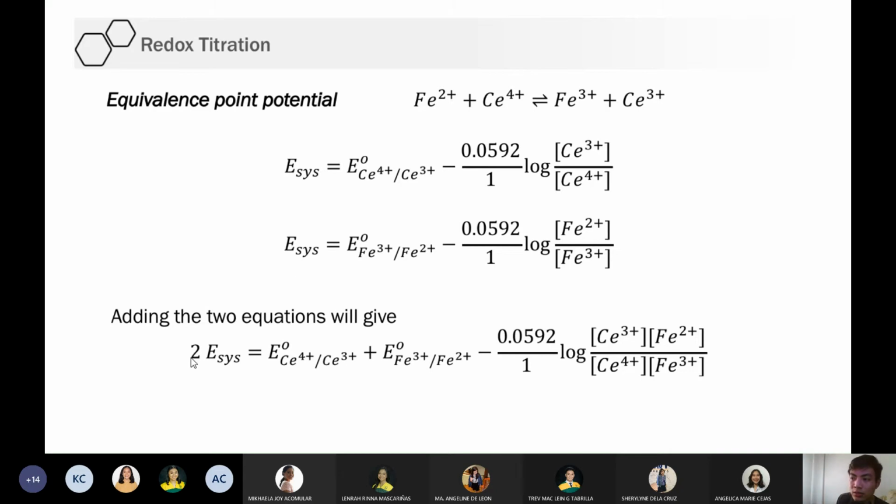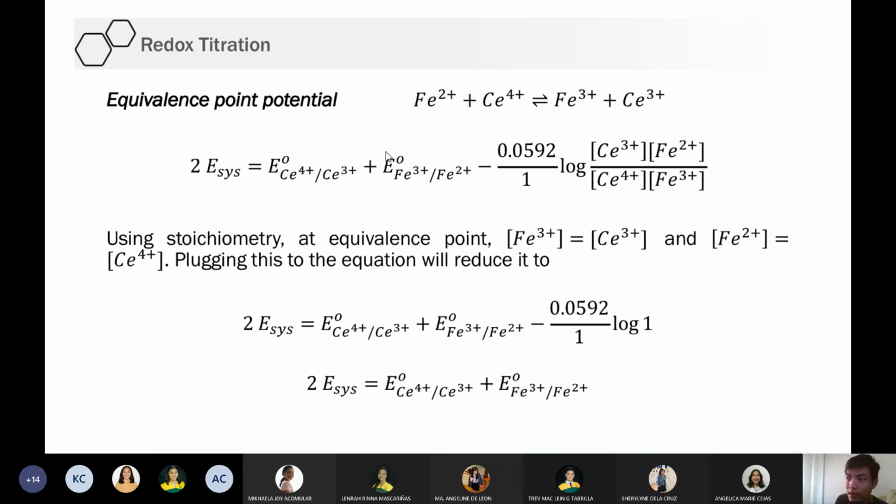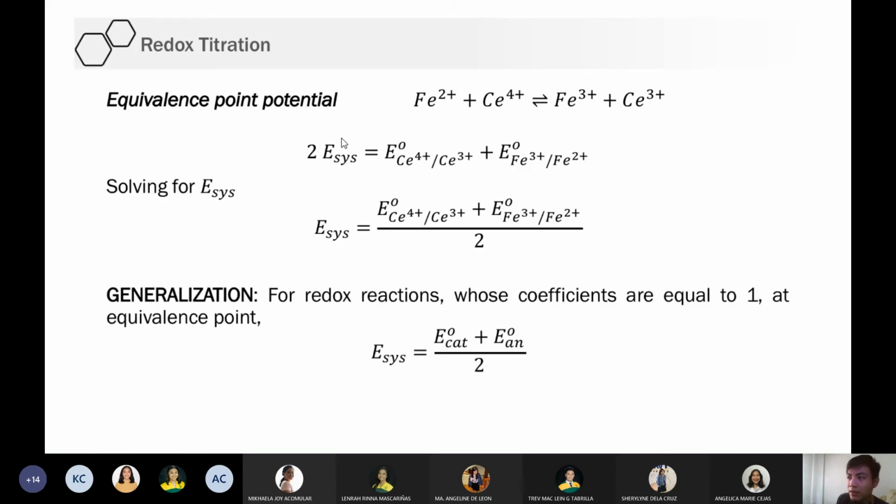So this plus that is 2E system plus this. And knowing that ang ating solution ay equivalent na, so lahat to magka-cancel out. So the logarithm of 1 is 0, so your equation can be simplified as this. And yan. So generalization, 2E system equals E cathode plus E anode. Okay. But you have to include the coefficients now.